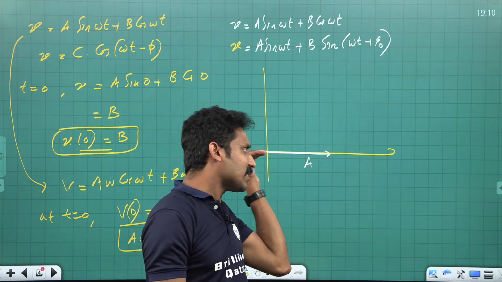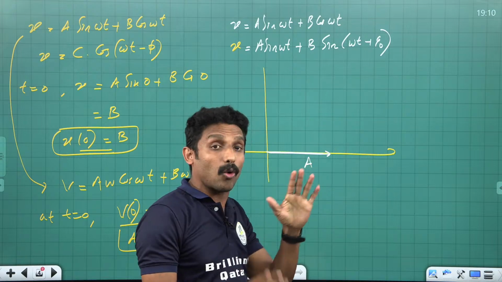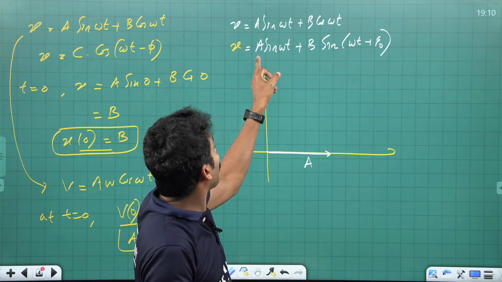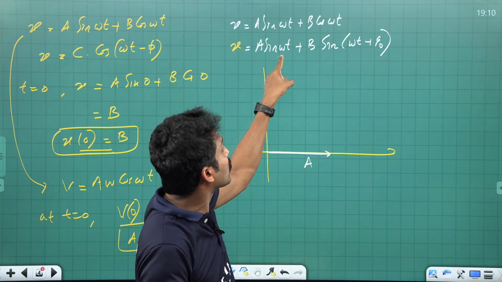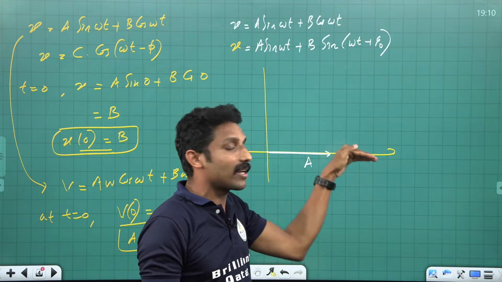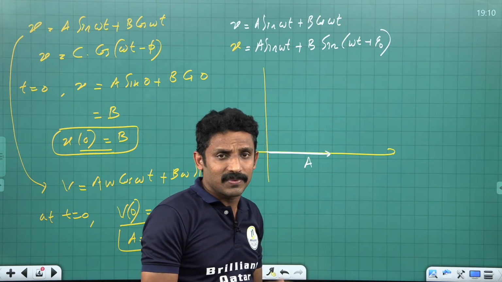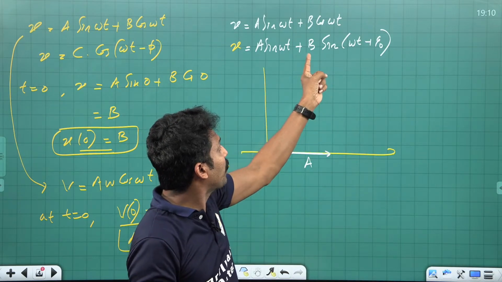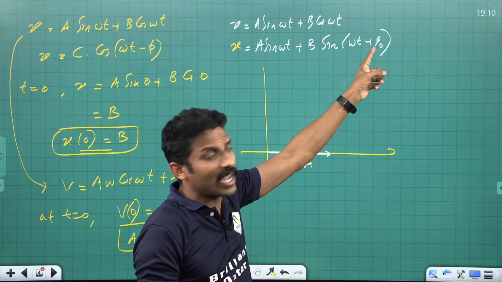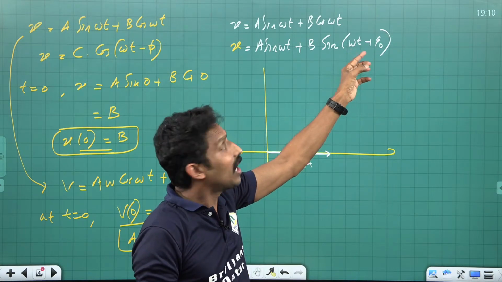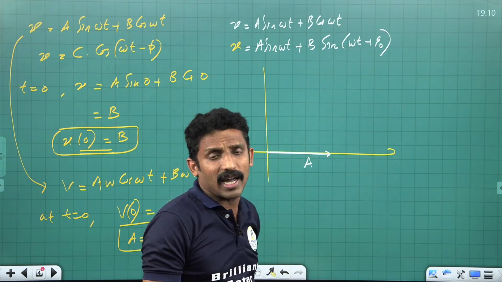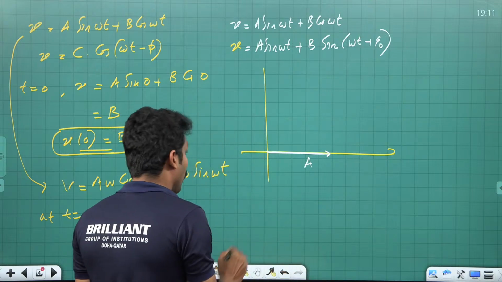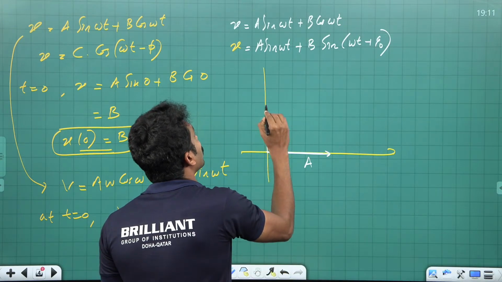This direction is taken as the phase ωt. See, this amplitude A and the phase angle ωt. Then the amplitude B is 90 degrees ahead of ωt, which means B will be in this direction.